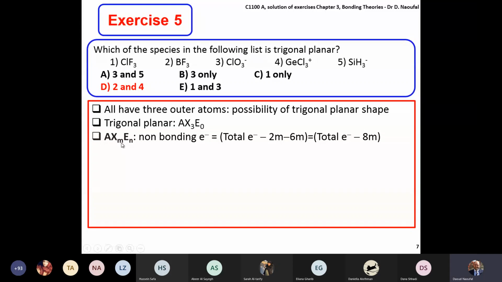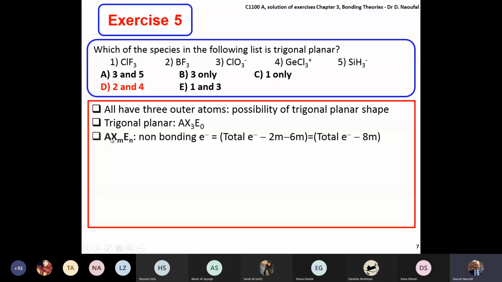So the total valence electrons are distributed, a part for the bonding and another part for the non-bonding. So the non-bonding electrons equal the total electrons minus the bonding electrons minus the electrons distributed on the outer atoms.